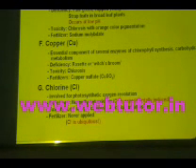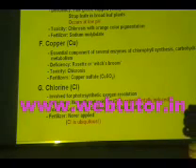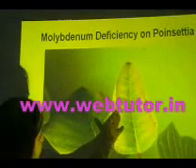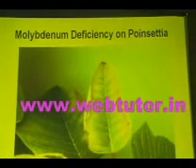Chlorine is never applied as a fertilizer because it is ubiquitously present, meaning present everywhere throughout the plant in small quantities. This is your molybdenum deficiency, where you can see clearing of the chlorophyll and wrinkling of the edges.